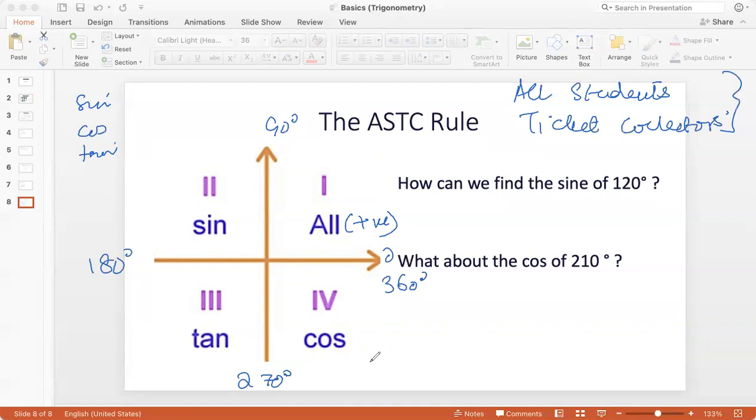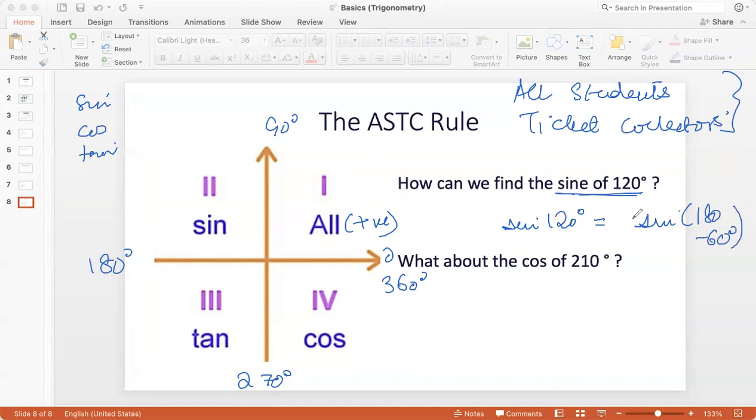So this is useful to find the sine, cos or tan of angles greater than 90 degrees, right? So let's say I need to find the sine of 120. The sine of 120, I can always work with multiples of 180, right? So sine of 120 would be the sine of 180 minus 60.